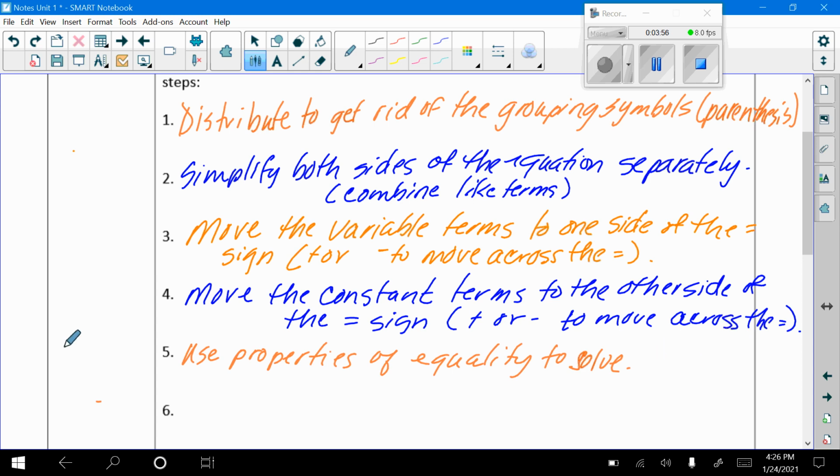So we know that it's addition and subtraction, but then we also know multiply and divide, or vice versa. The last thing we're going to do is state the solution.